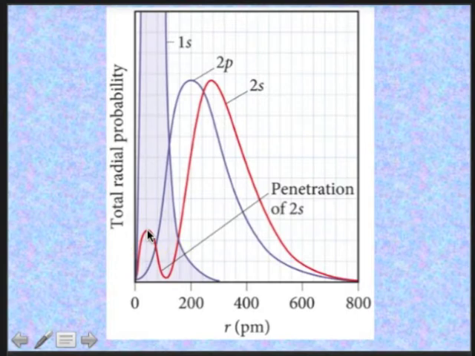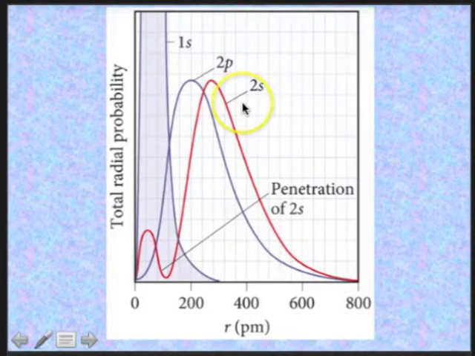Well, that changes everything. Because what it means is that the 2s electrons have this probability of being quite close to the nucleus. And that means that the 2s orbital is going to be of lower energy than the 2p orbital.